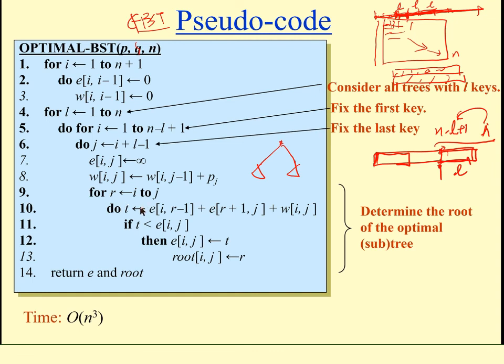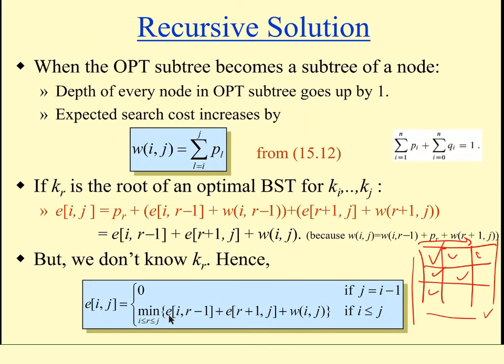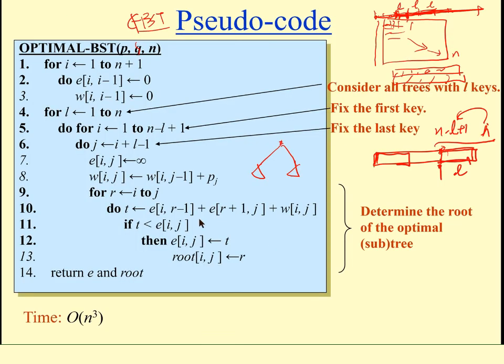We can calculate the optimal binary search tree's cost based on the equation here. So it's left subtree, right subtree, optimal solution plus W(i,j). Okay, that's here: left, right, and W.